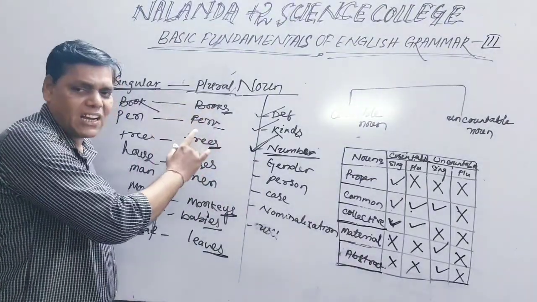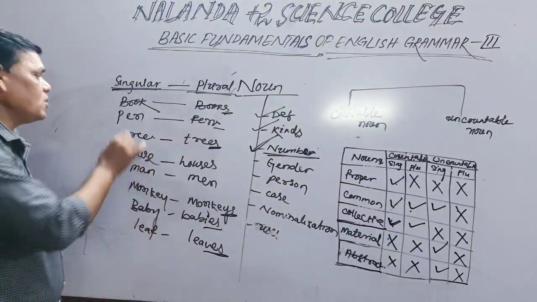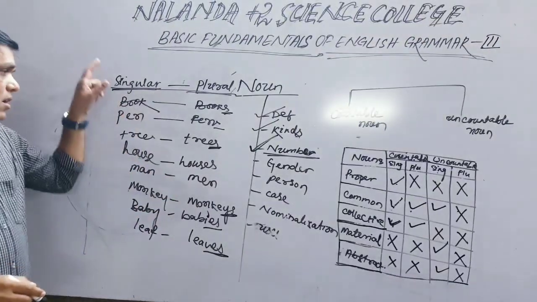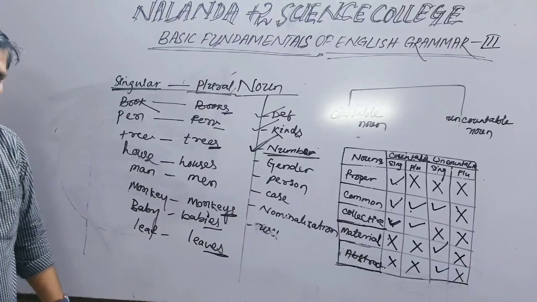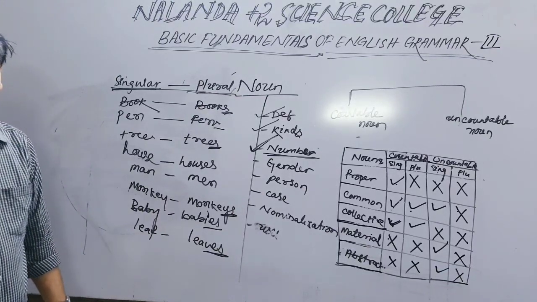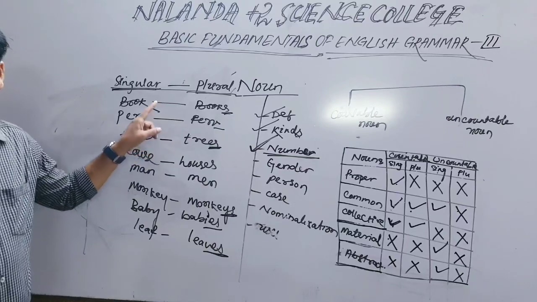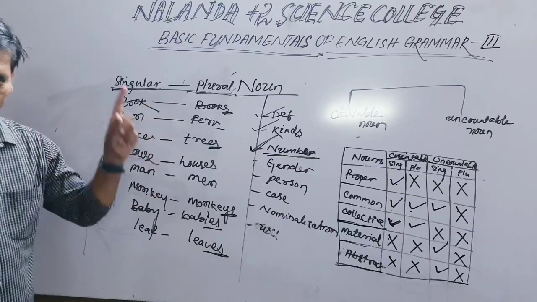Therefore, to make it completely clear before you, I would like to discuss all the things related to noun, number and the process of making from singular to plural. There are 15 rules related to changing nouns from singular to plural. We shall discuss the 15 rules one by one.